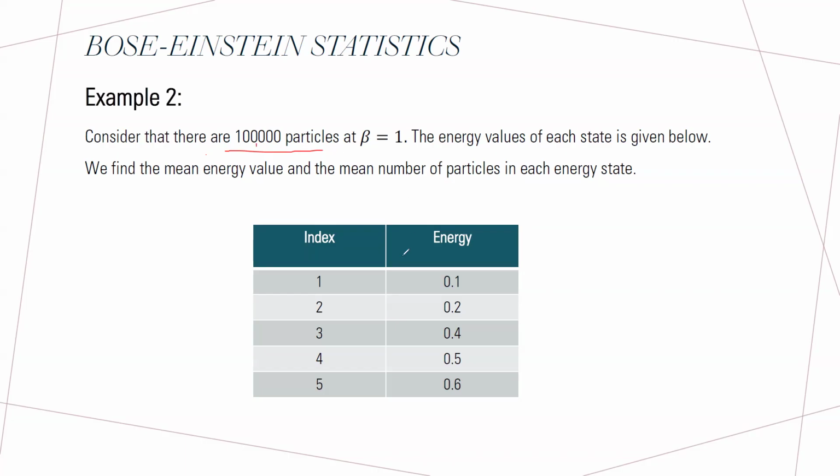There are 5 energy states indexed from 1 to 5. Each energy state has these energies, epsilon 1, epsilon 2, up to epsilon 5.